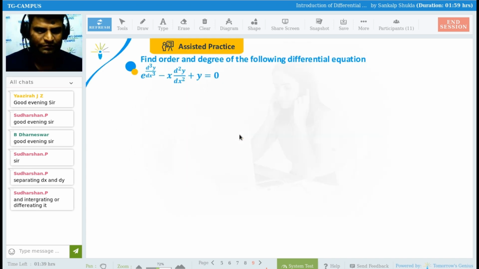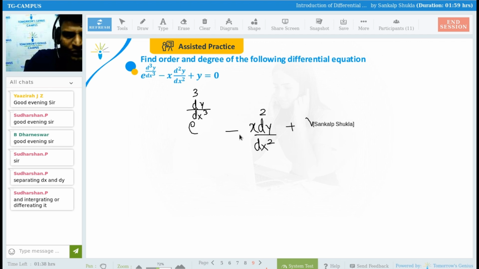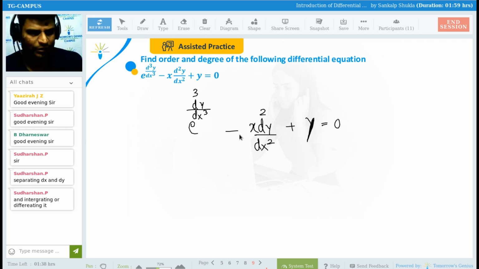Okay, second question. Find order and degree of the following differential equation. The question is: e raised to the power d3y upon dx cube minus x d2y upon dx2 plus y is equal to 0. Any answers from your side? dy by dx cannot be in power.